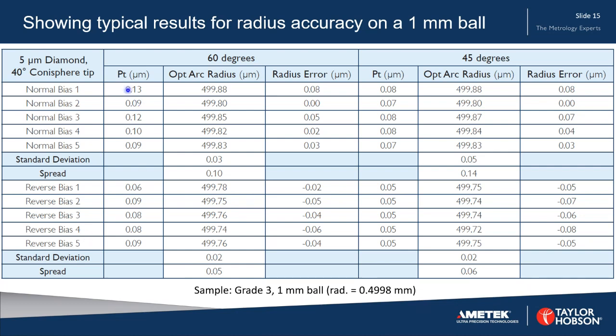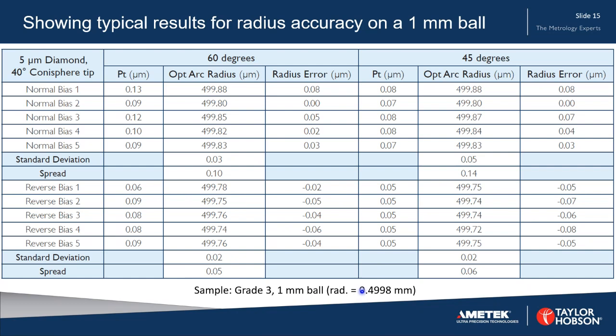And we've looked at the PT in each case, the form error on the ball. We've looked at the optimized radius, the least squares arc radius, both when we're measuring in normal bias and in reverse bias. And then we've looked at the deviation of the radius from the nominal radius.